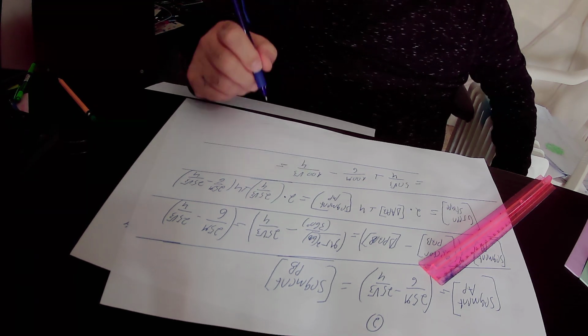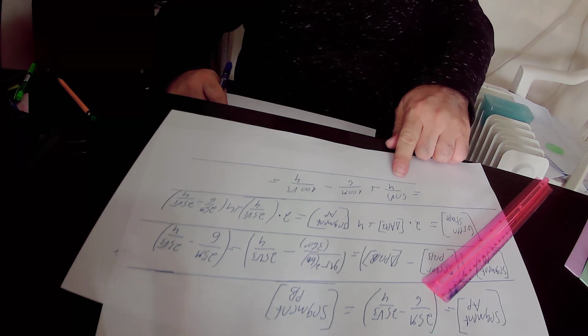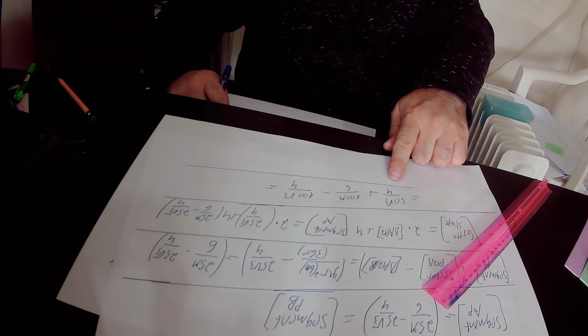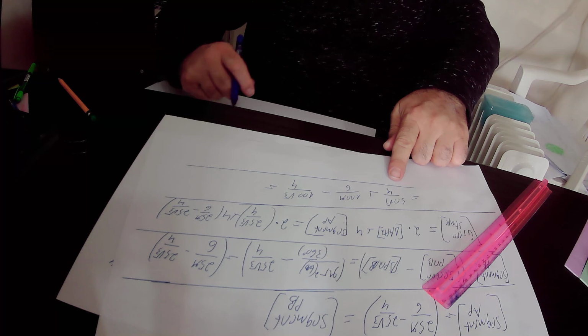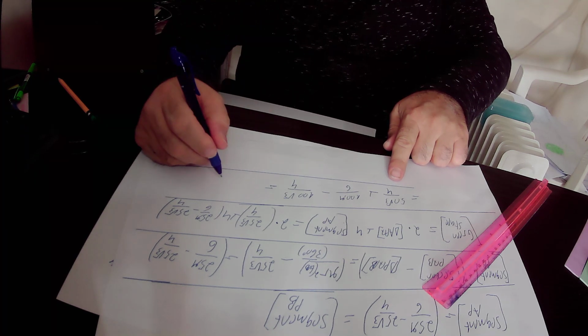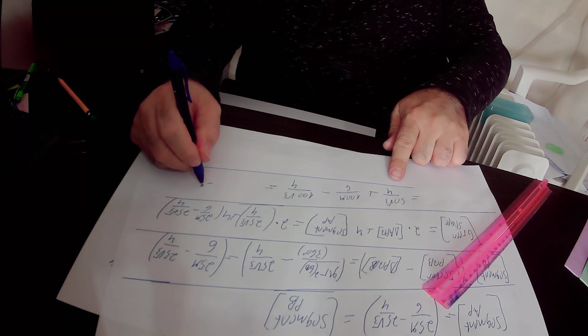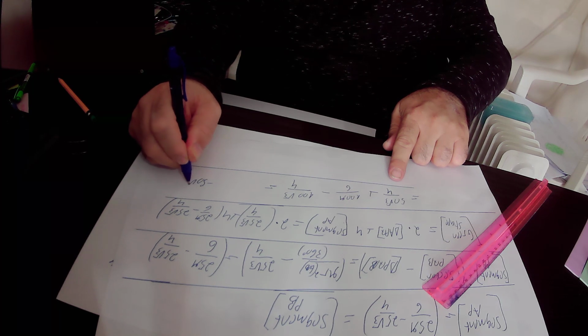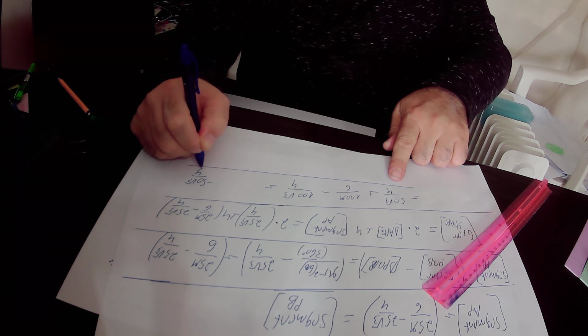So here 50 times square root of 3 over 4 minus 100 times square root of 3 over 4 equals minus 50 times square root of 3 over 4.